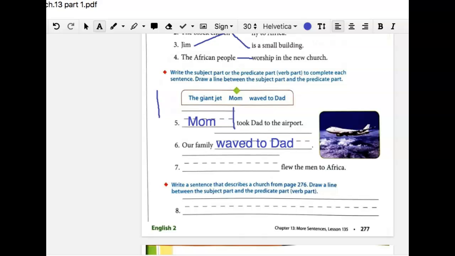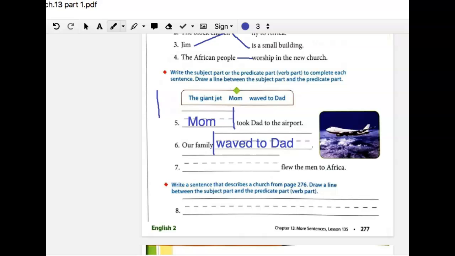So what's the subject part and what's the predicate part? Where do we draw the line? Well, we know the sentence is about our family, and wave to dad is the action part. We know that because it begins with an action verb. So we draw the line right in between the word family and the action verb waved.